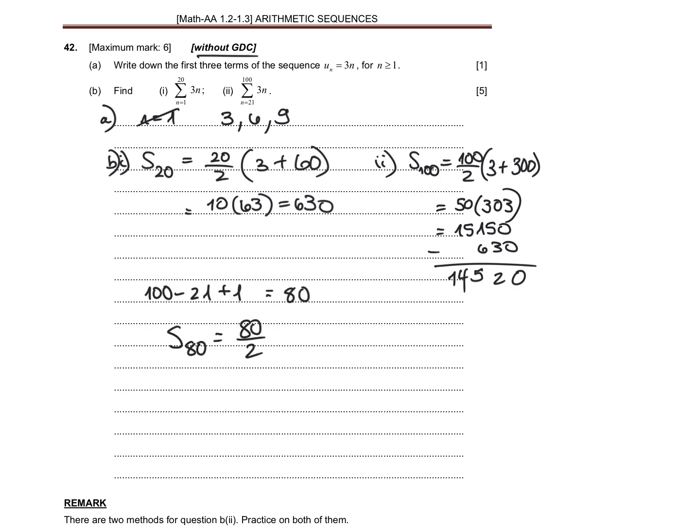So n over 2, and then you can do u1, which is going to be when you substitute in 21. So that's 63 plus 300. So that's another way to do it, which should give you the same answer, and it does.